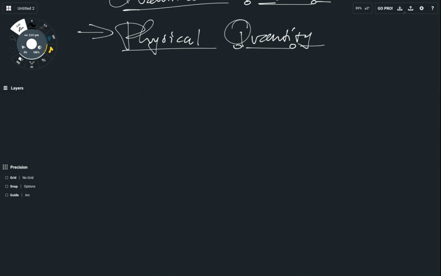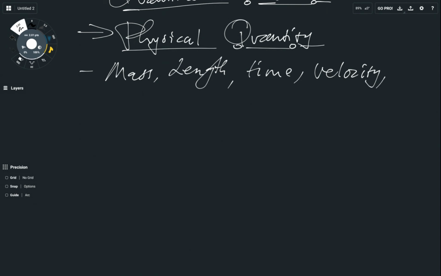We can look at so many things that we can measure in the world. For instance, you can talk about the mass of an object, length, time, velocity. What other examples? Yes, maybe temperature, current, the luminous intensity.